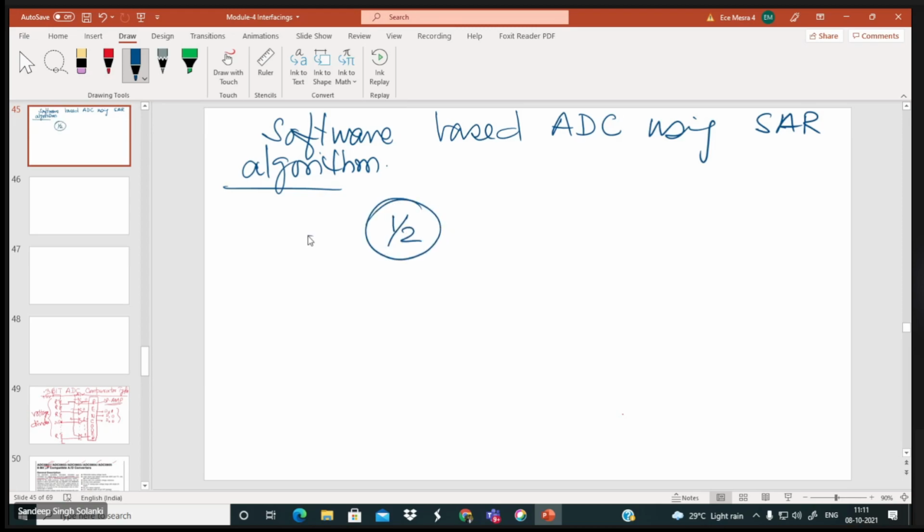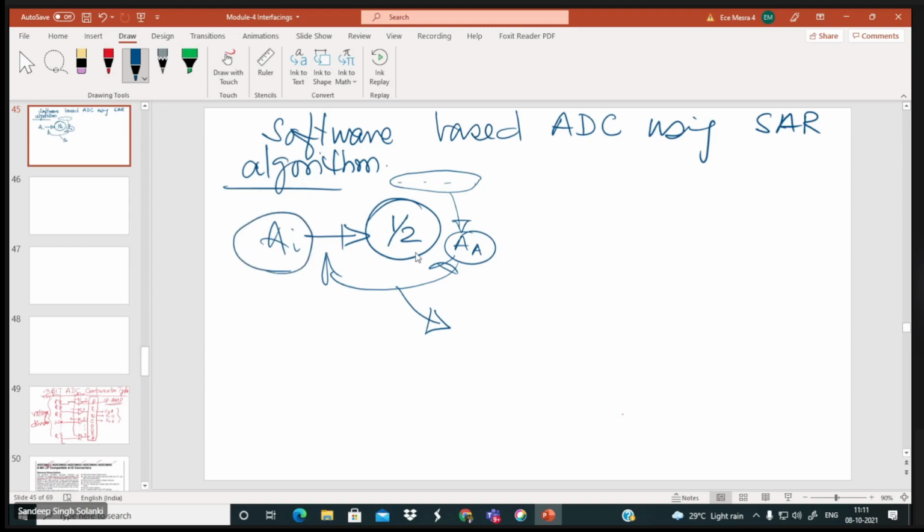With this half weight of our total number of bits which we have decided, whatever the analog input is coming, that weight needs to be brought into an approximated analog, and these two need to be compared. Their comparison result will tell us whether the input is greater than the approximated one or lesser than the approximated one. Based on that, we were having the decision on our approximated bit.